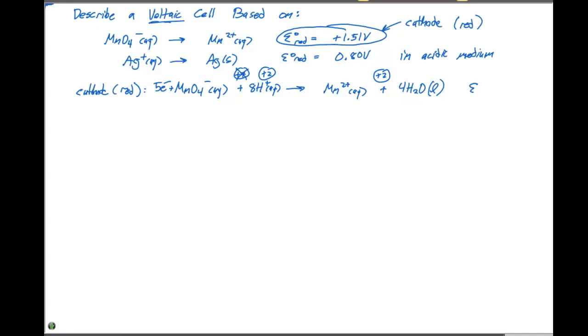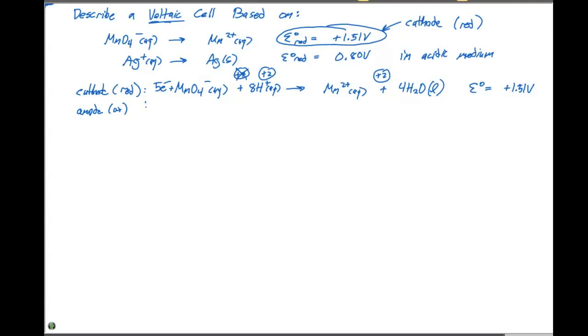The cell potential for this half reaction is going to be positive 1.51 volts. Now we have to look at the reaction that occurs at the anode, or the oxidation half reaction.